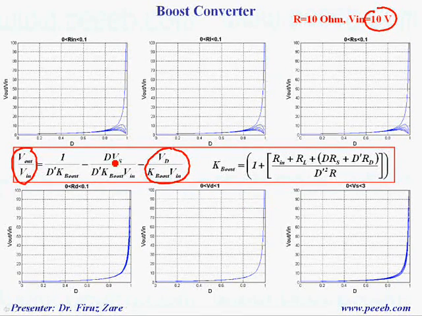But here we can see that because at high duty cycle D is almost equal to 1, D' is small, but 1 over D' is significant. So if the input voltage is low, this term may change the conversion ratio at high duty cycle, and here we can see that it has an effect on the conversion ratio, and that's because of the voltage drop across the switch.